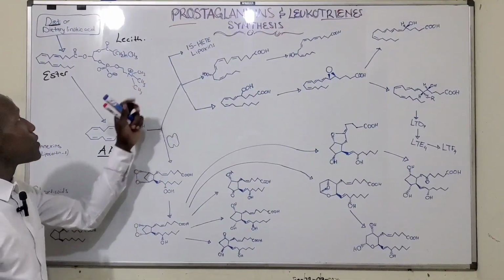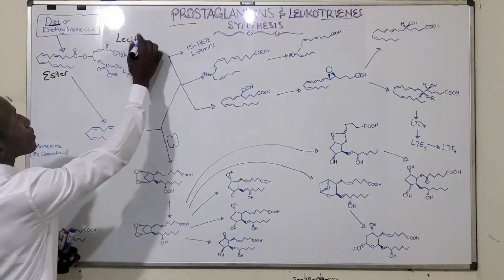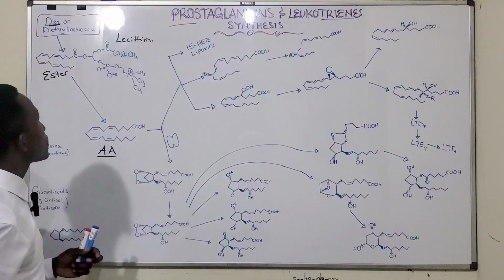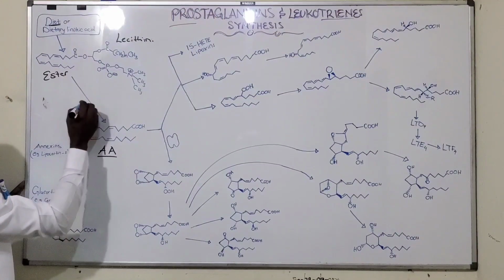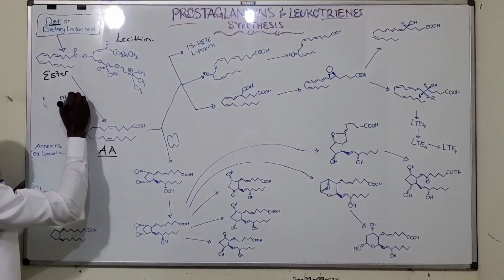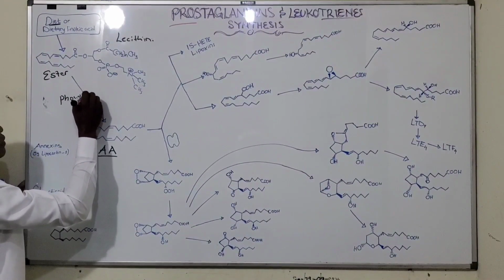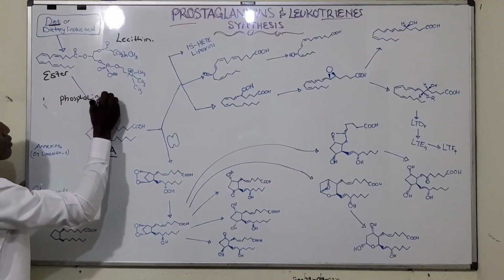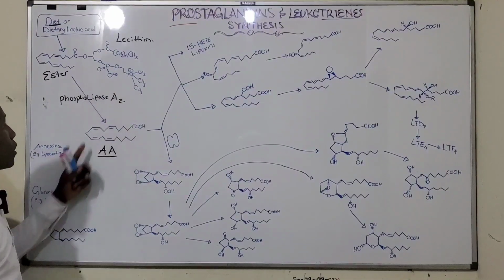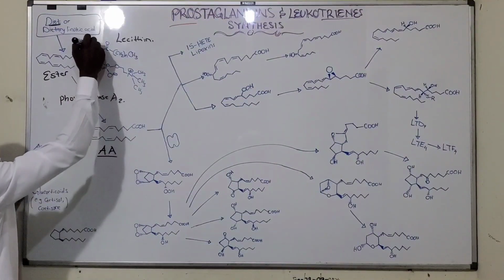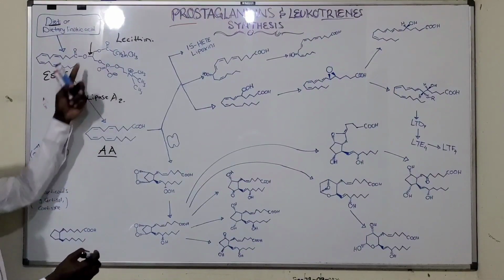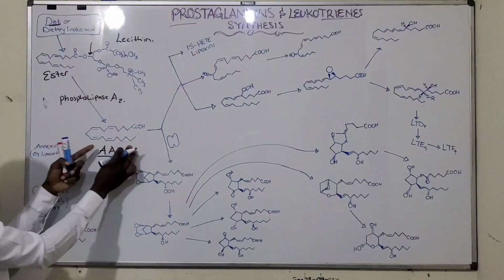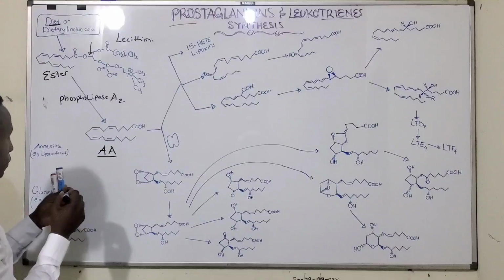By the help of the enzyme phospholipase A2, which cleaves at this position here, we then get the arachidonic acid.